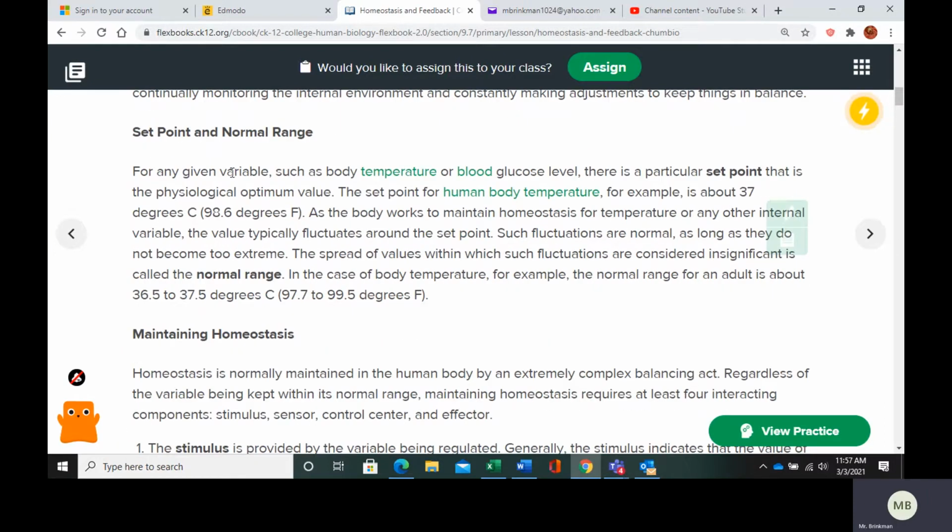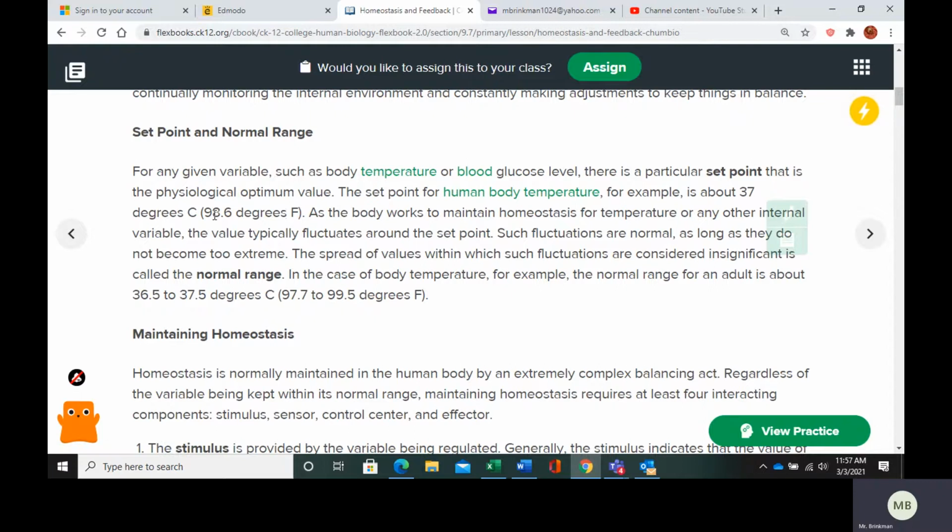For any given variable, such as body temperature or blood glucose level, there's going to be what we call a set point. This is the optimum value for a living thing. For example, body temperature for humans is going to be about 98.6 degrees Fahrenheit.